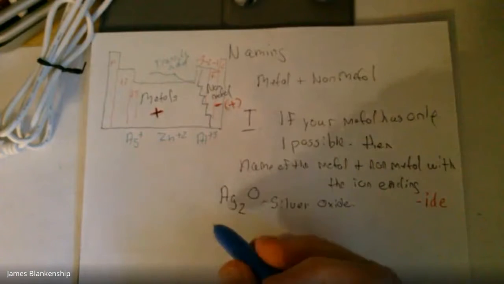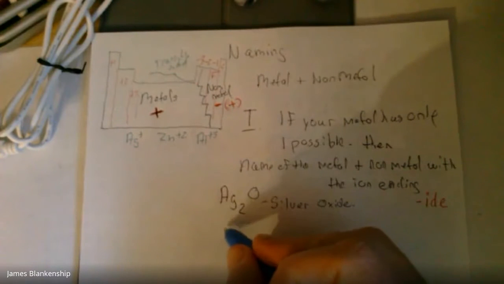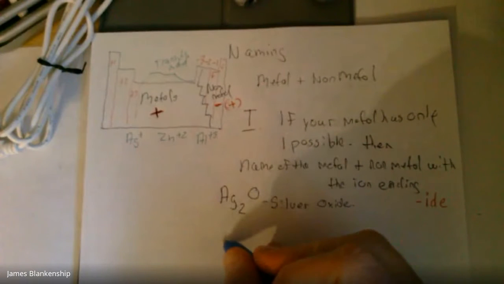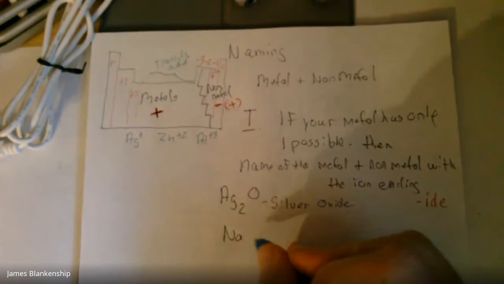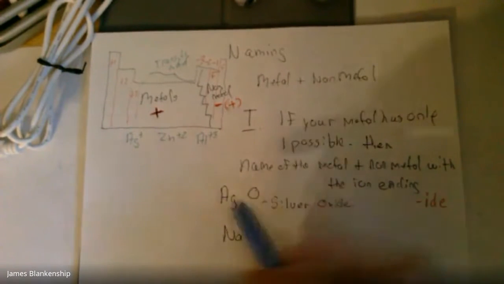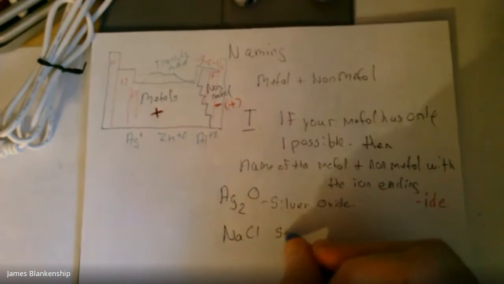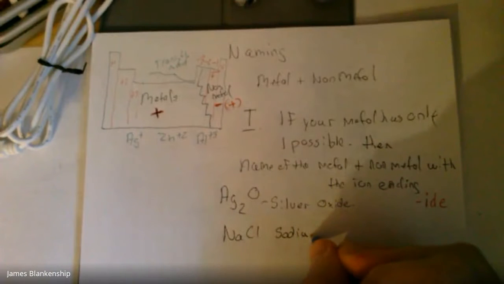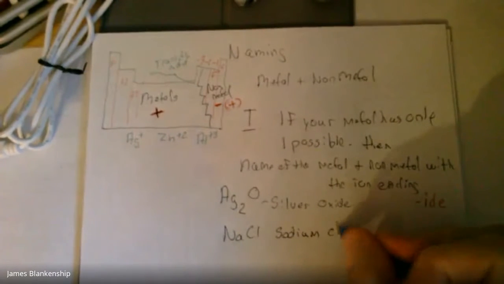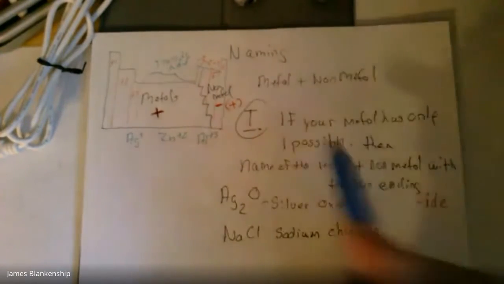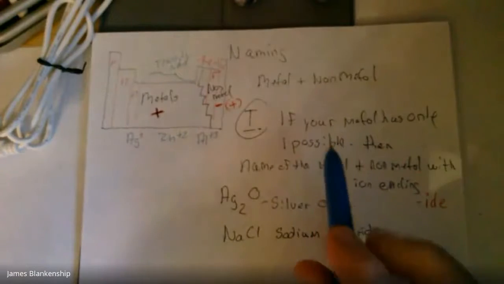When we move to our next one, let's say we use sodium and then Cl. Because sodium is in this +1 column and only has one possible charge, all I have to do is write the name sodium and then chloride, and you're done. So this is case 1 of metal and nonmetal.